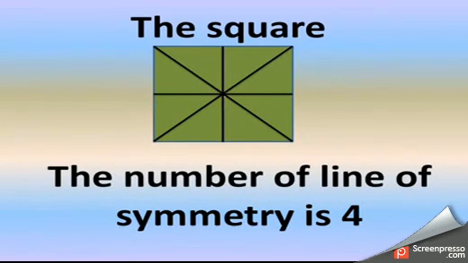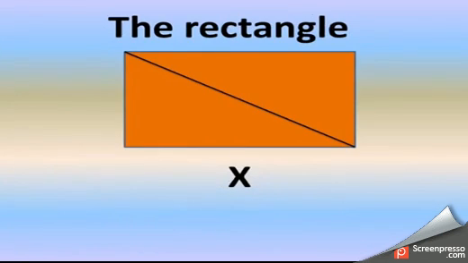Now we'll see the rectangle, how many lines of symmetry the rectangle has. Now we take the previous example. When I draw a diagonal in the rectangle, will these two parts cover each other completely?